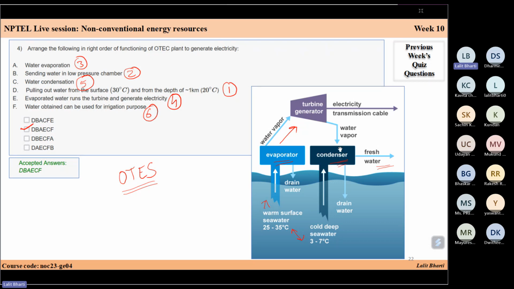Then it will go to the condenser. This is the fifth stage. And then it will go back to the drain in the sea. So from the first step, the whole cycle will be something like that. This is the fully functioning OTEC system, and your option 2 will be correct in that case.